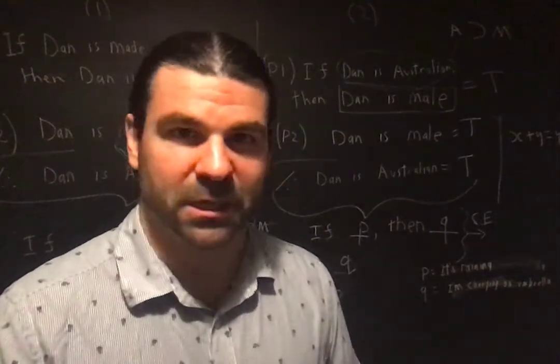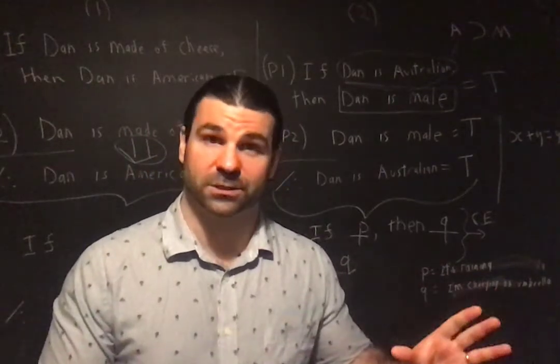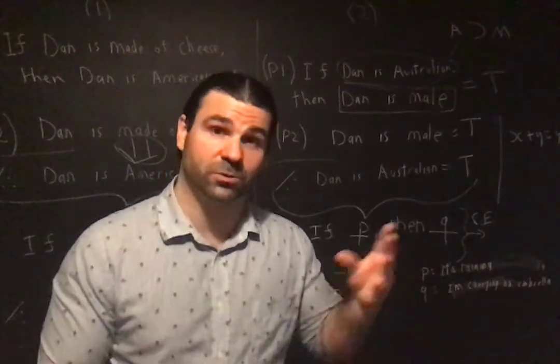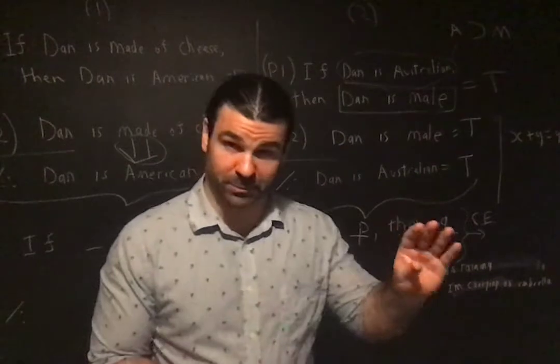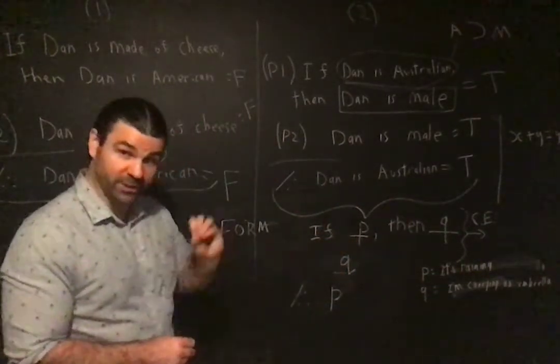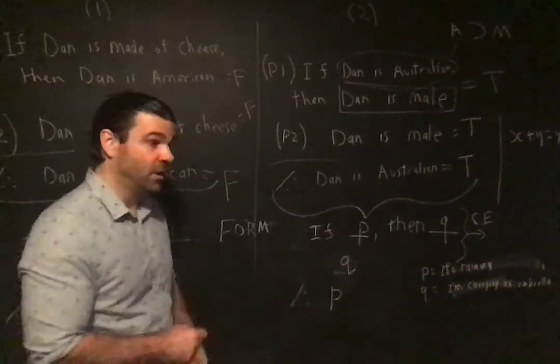It will be assigning truth values to the component sentences, or the simple sentences, in an attempt to make the premises true and the conclusion false. So in the short truth table method, we'll be coming back to this idea of a counterexample. You'll be trying to produce a counterexample to an argument form to show that an argument is invalid.